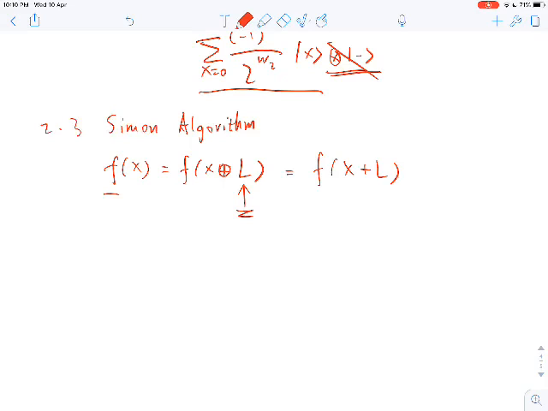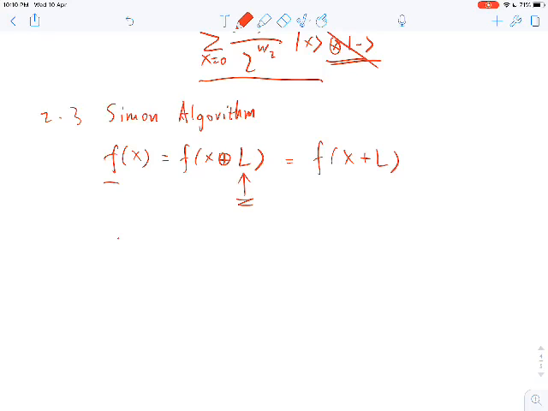In this question, we have three steps. First, we set up the quantum state like this: R and R plus L. It's just like f(R) is the same as f(R plus L), like a periodic function.